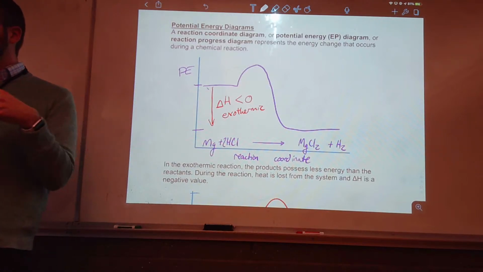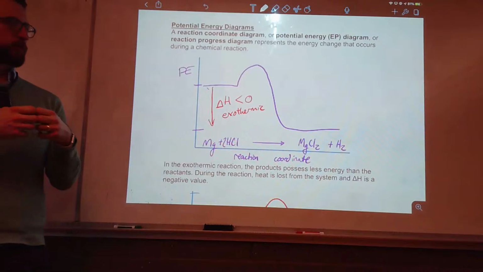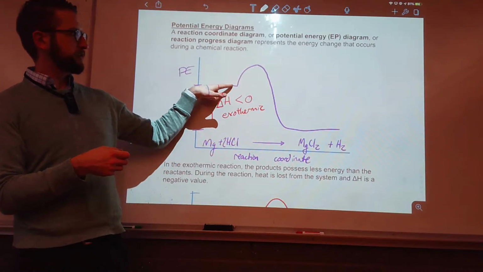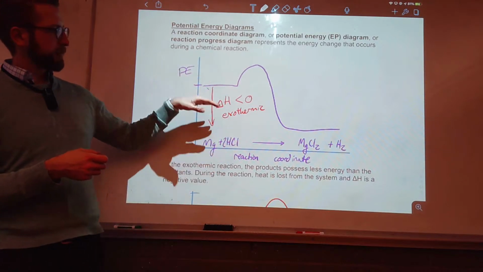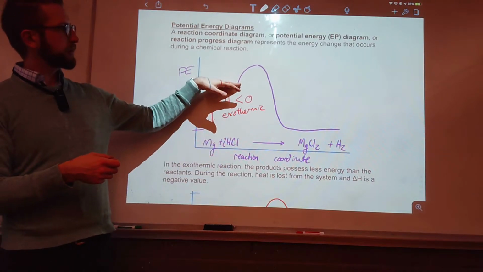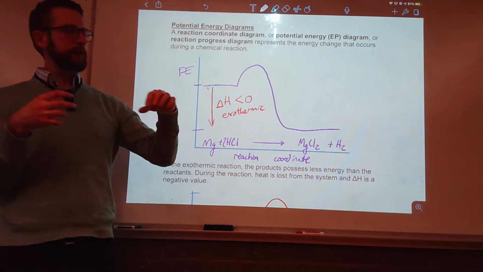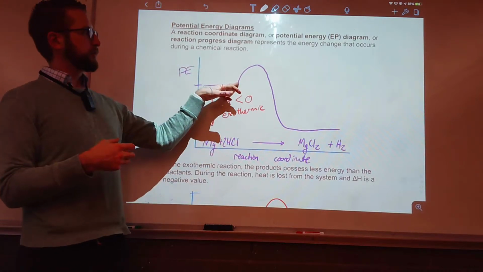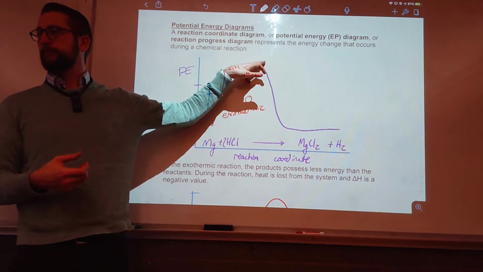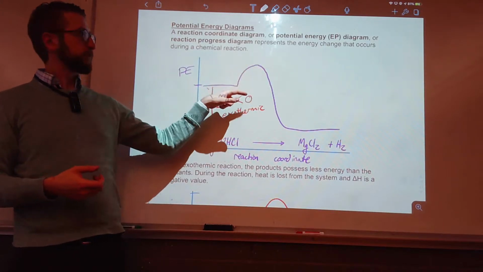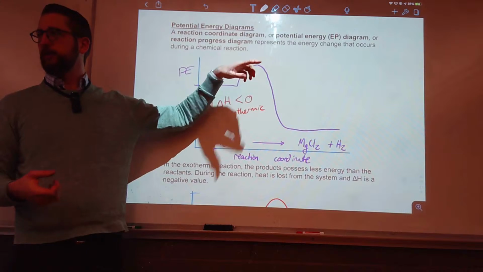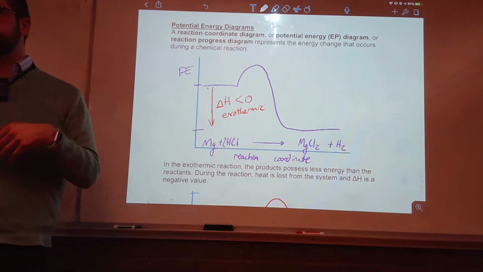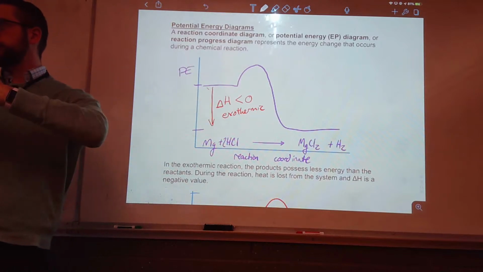A collision with an appropriate orientation and an appropriate energy is happening in this diagram right here. This is where two molecules with an appropriate orientation and amount of energy are able to start converting that energy into a new potential. So this bump here is from a kinetic energy conversion as two atoms came close together.